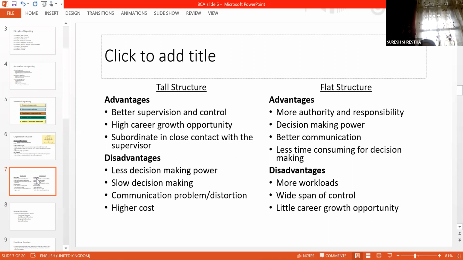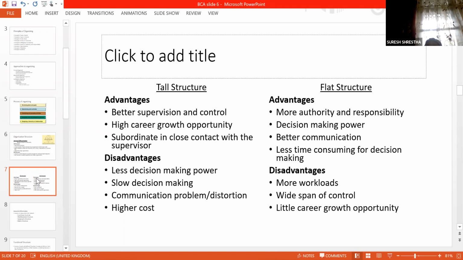High career growth opportunity huncha tall structure ma, हैन? When there are too many layers, then there is a opportunity for your promotion. Whereas if you have a flat structure, there is not much room for promotion. There is not much room for your career growth.